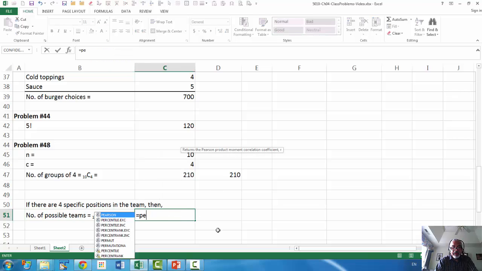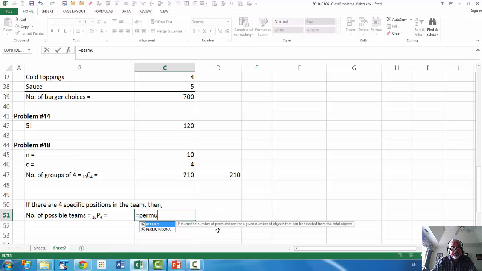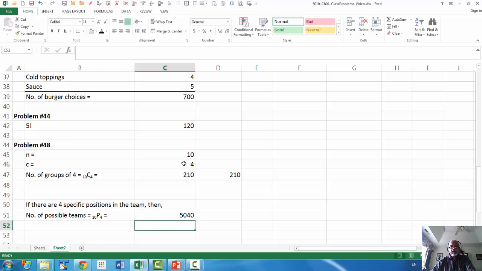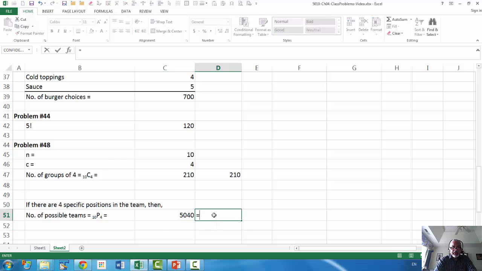For that we have what is called permutation, 10, 4 will give you that possibility. And again, we can compute that using factorial of n divided by factorial of n minus C.